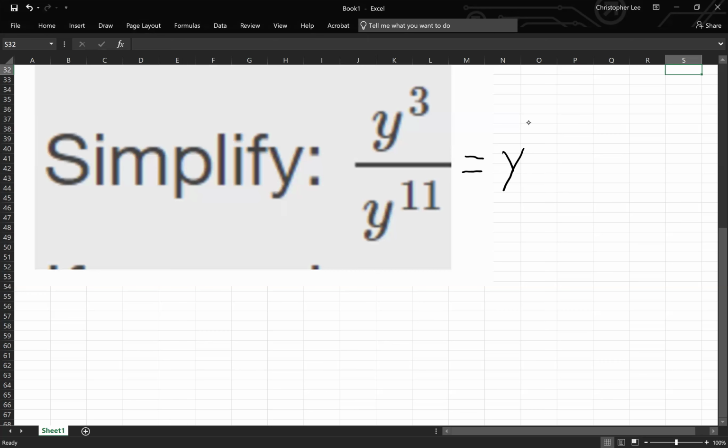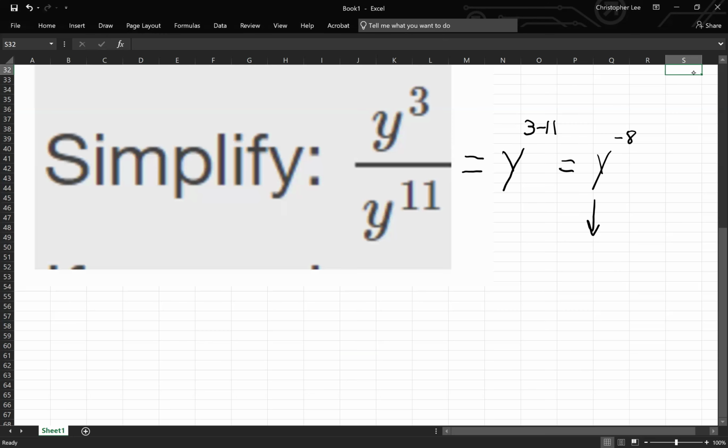You can't have a negative, so it has to be before the y. Okay, it's negative y to the 8, so it's y to the negative 8 power. So what can I do to fix this?